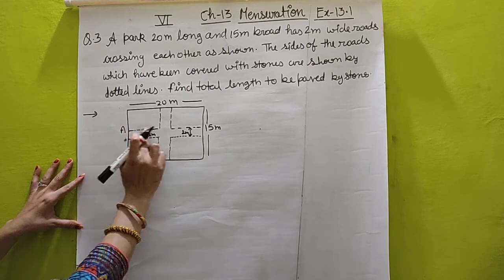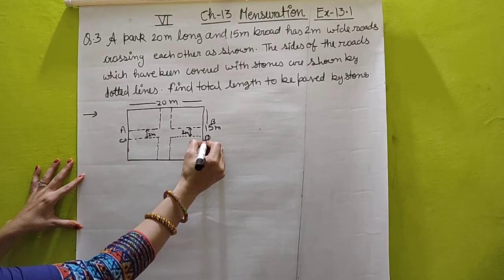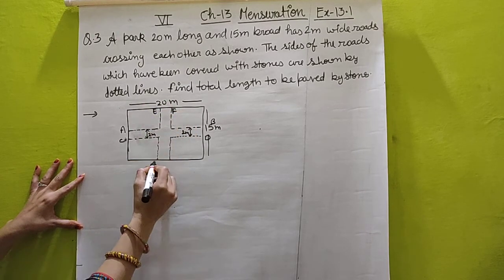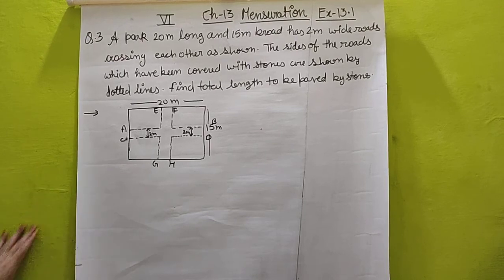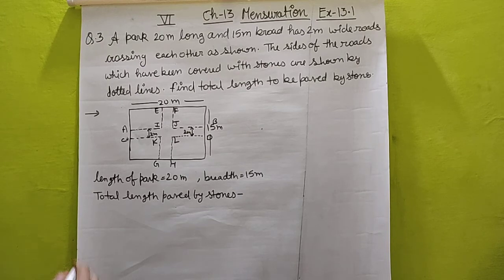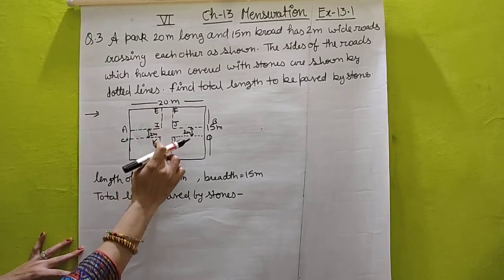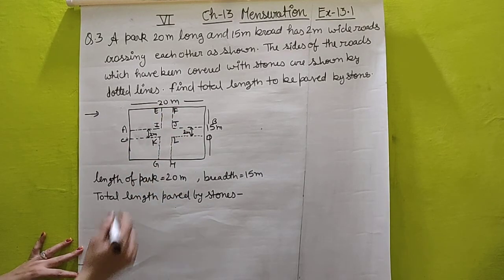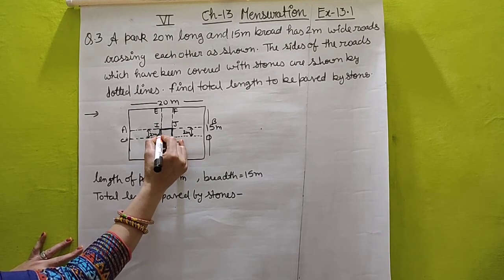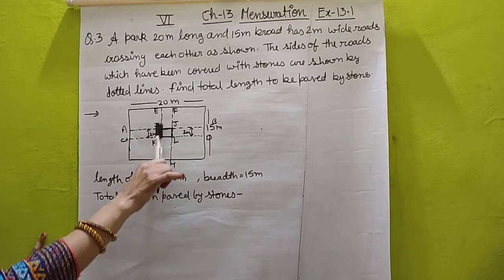I am giving the names A, B, C, D, then E, F, G, H. Now you can see I have given the names: line AB, then CD, EG and FH. There is a small part where both the roads cross. I am highlighting this part and have named it I, J, K and L.